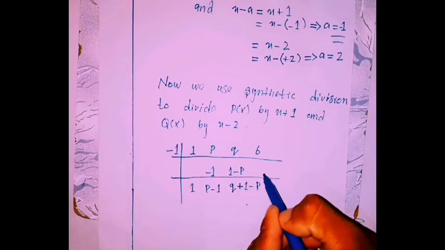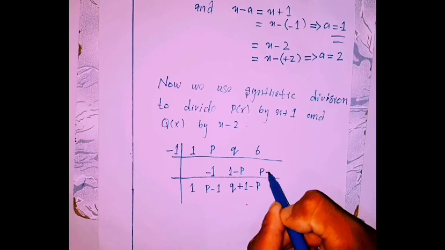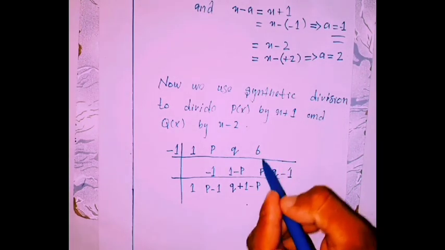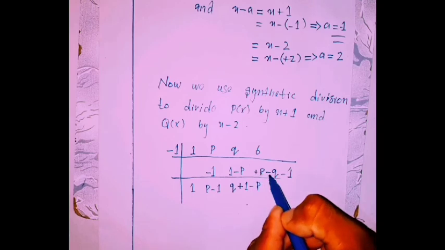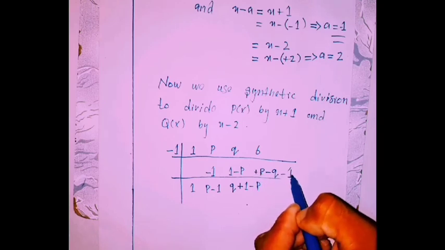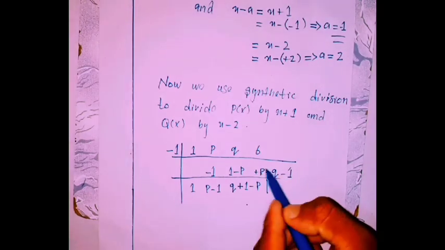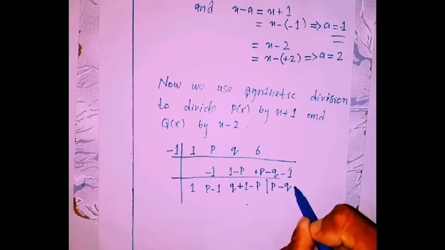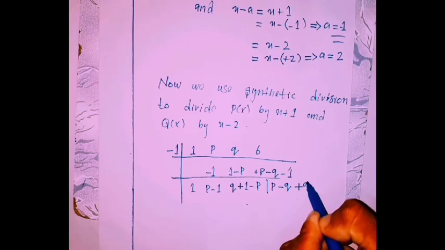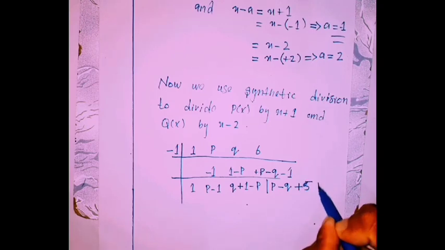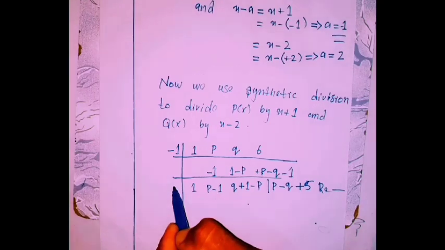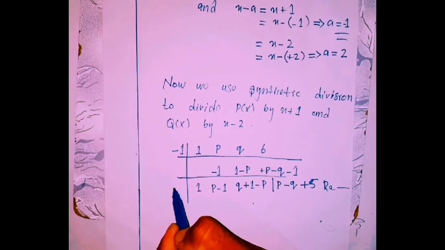Now subtracting 1 from these, we get p minus q minus 1. So if we add 6 and p minus q minus 1, we get p minus q plus 5, because minus 1 plus 6 is equal to 5, so it's the remainder.